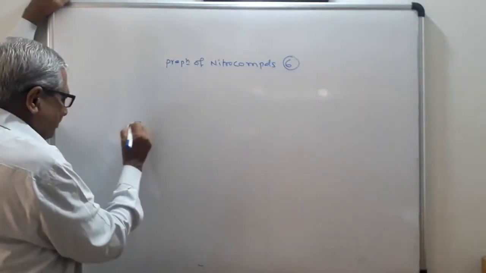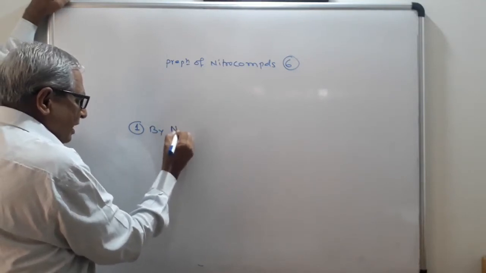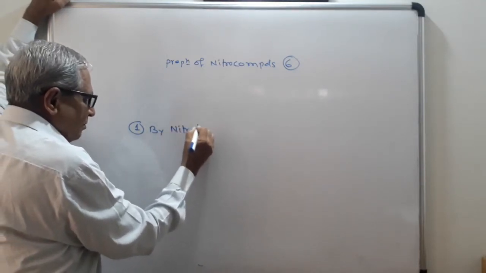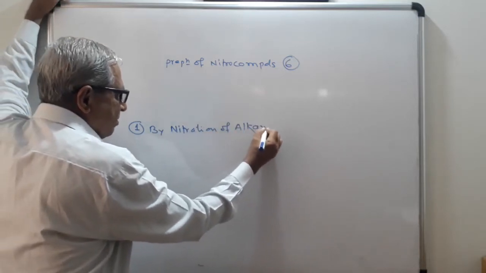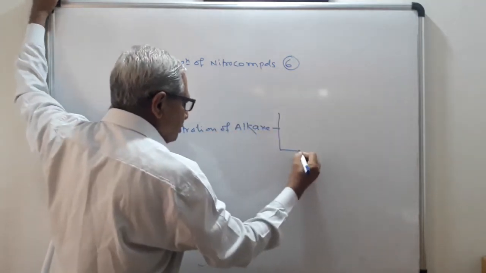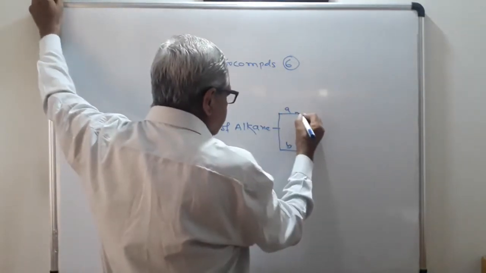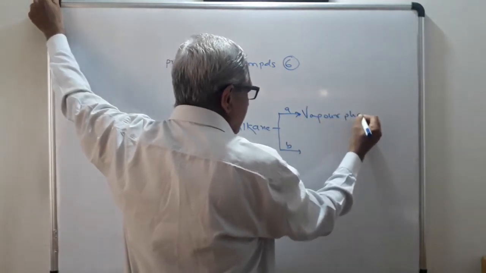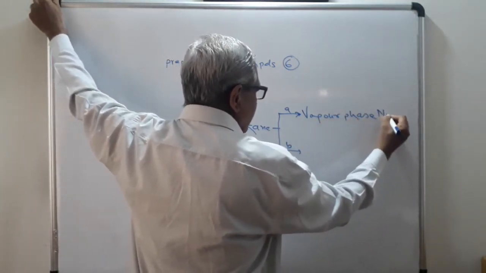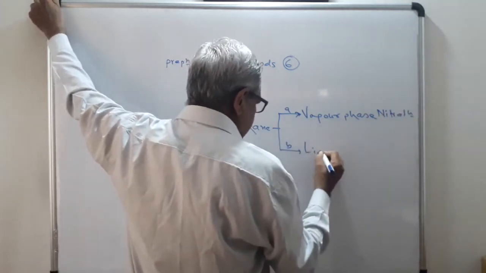So this is your first method, by nitration of alkanes. Actually, there are 2 methods, A and B part. A part is the vapor phase nitration. And second is the liquid phase nitration.